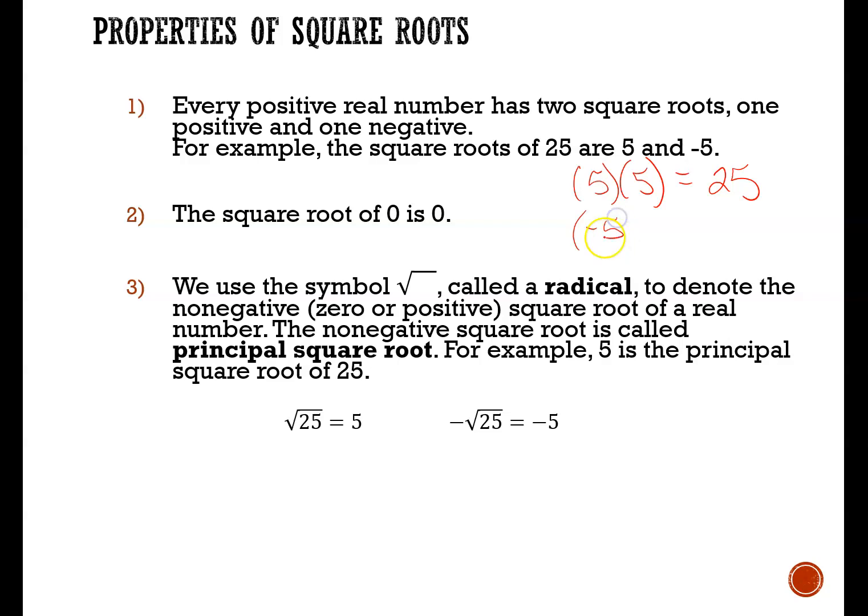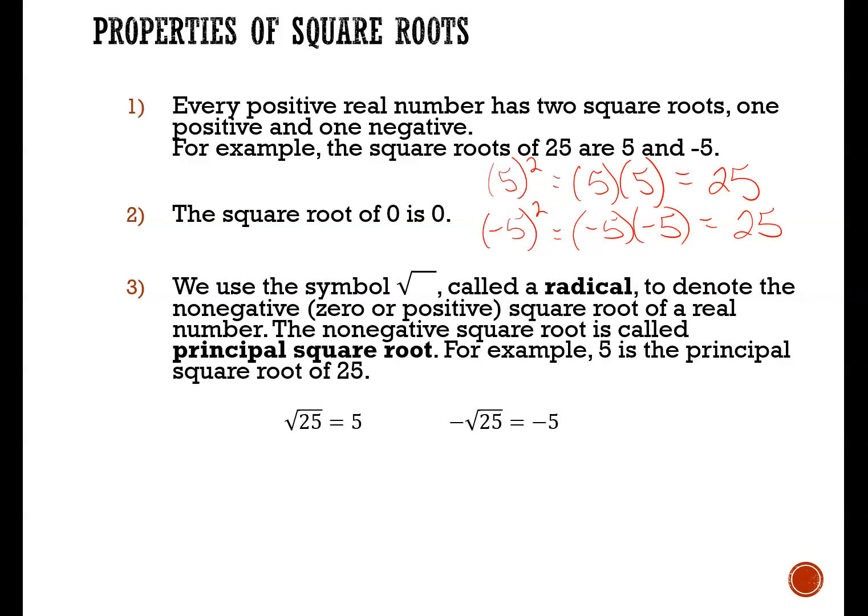But notice -5 times -5 is 25. Therefore, -5 is also a square root. Or you could think of it instead of 5 times 5 as 5 squared, or -5 squared.